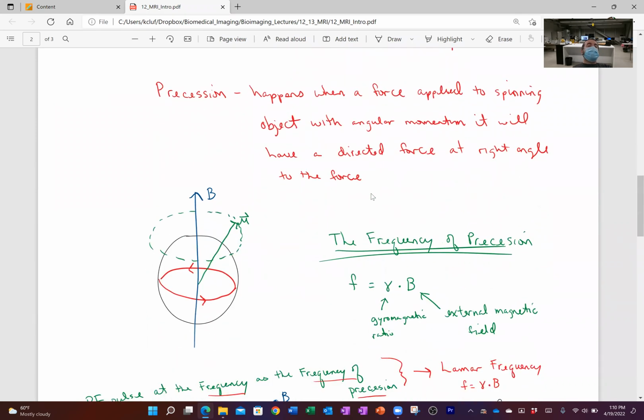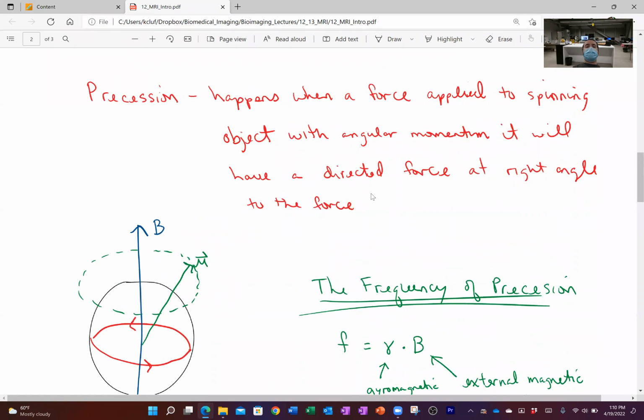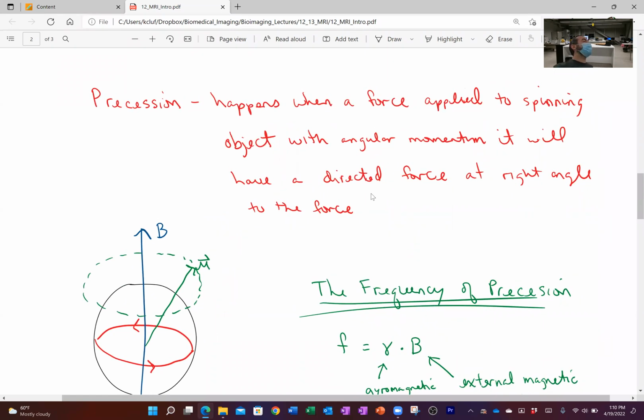An important concept to understand when it comes to magnetic resonance imaging is something called precession. Precession is what happens when a force is applied to a spinning object with angular momentum: it'll have a directed force at right angles to the force.